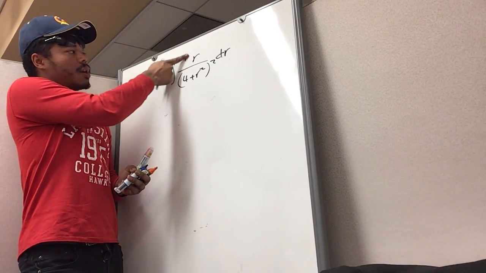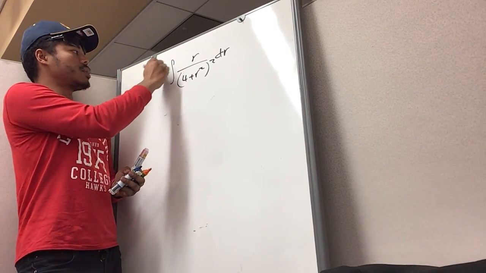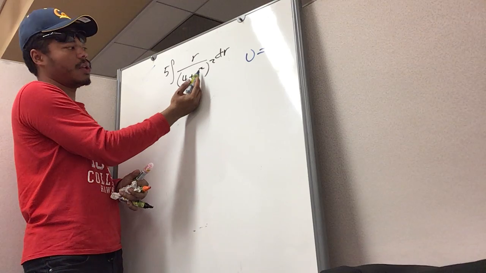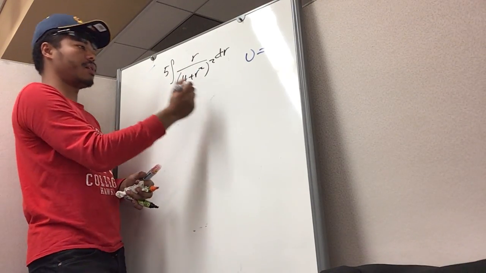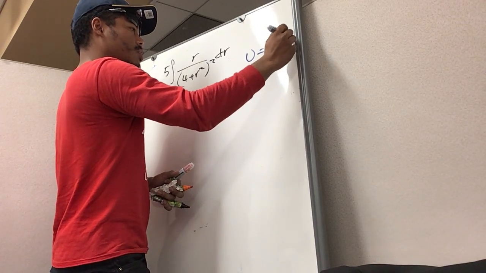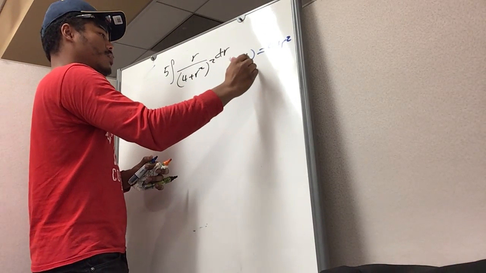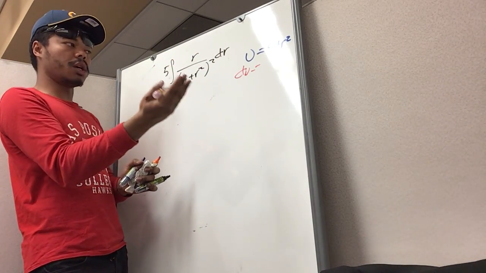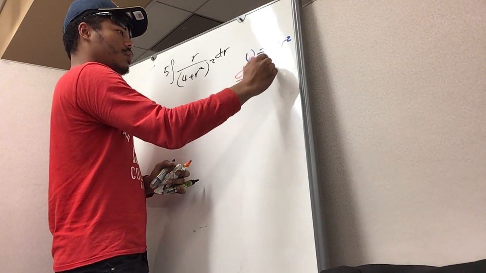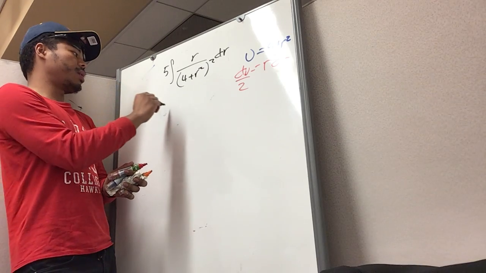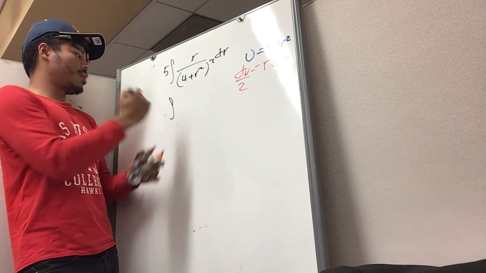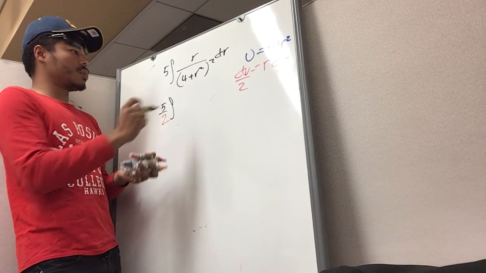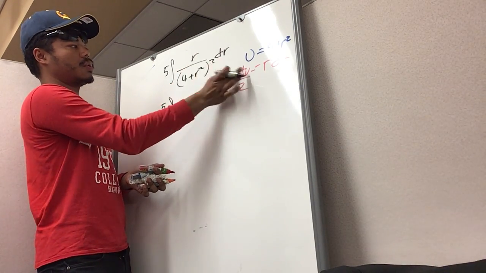And of course, since this is just a constant, I shall move this out. u will be, if I take the derivative of this, I should get some kind of r. So u equals 4 plus r squared, du equals 2r dr. So r dr. So now we have our integral of 5 over 2, and the du takes care of that.